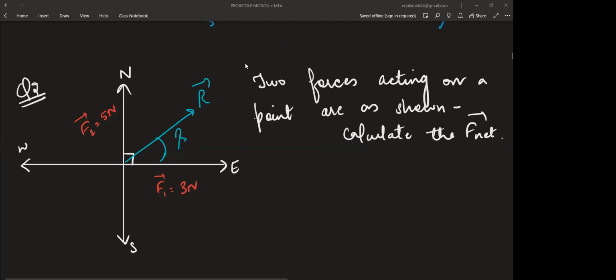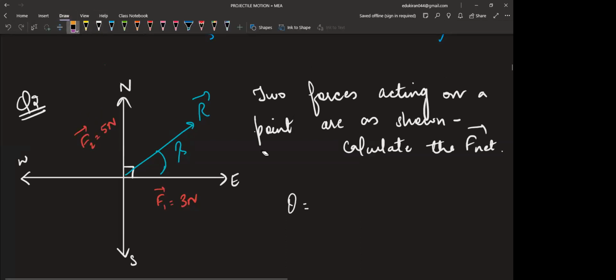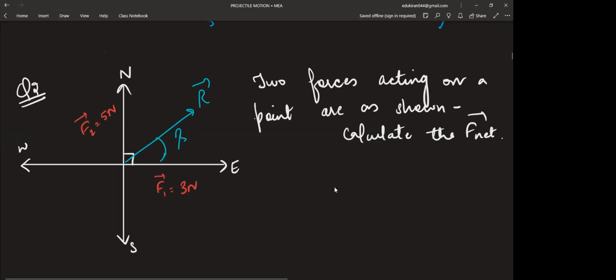Okay, Fnet is coming, root 34. See, here we have the theta. This is not a part of the question, but you know, if the two axes are present, they'll intersect each other at 90 degree, right? This is along east, this is along north.